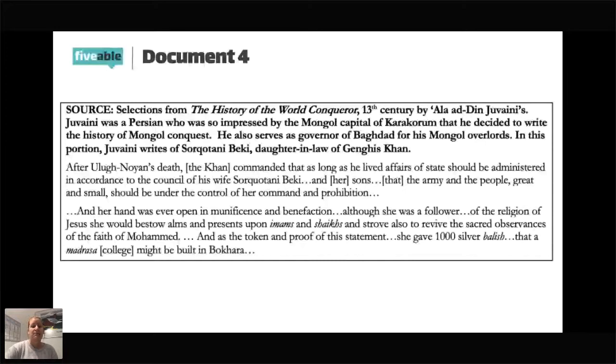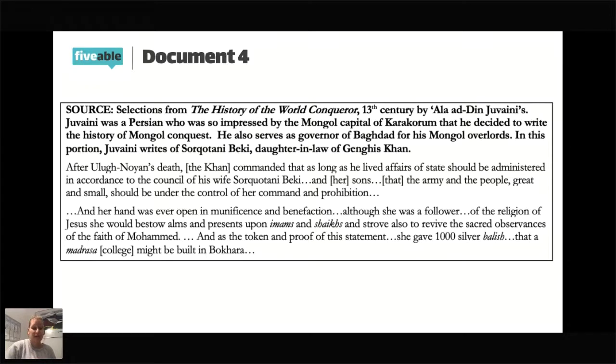This was a governor of Baghdad who was put in his position because of the Mongols. So he's going to want to make the Mongols seem great. He wants to retain his position as governor because he is kind of a flunky. He's in that position because of the Mongols, and he wants to maintain his position there. So how does that demonstrate the impact of the effective societies?